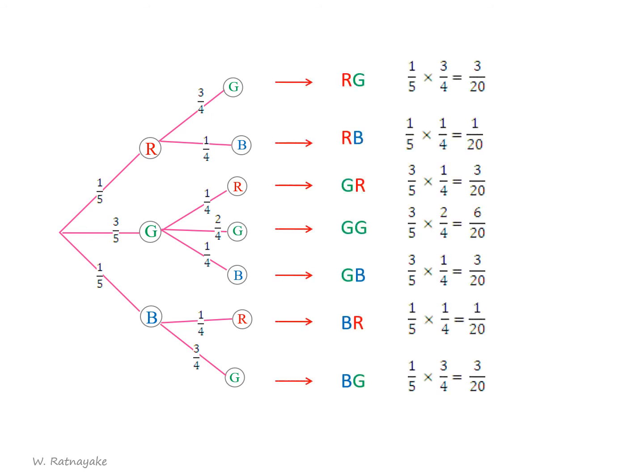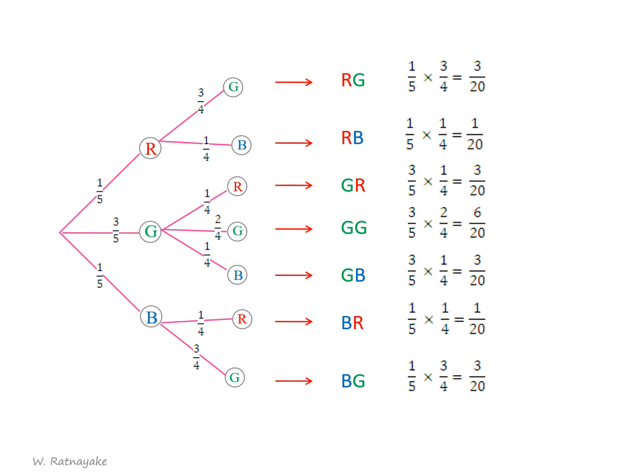Those results we can list out like this with their probabilities. RG, the probability of getting RG, first one red and second one green, is the product of the simple events 1/5 and 3/4, that is 3/20. Likewise, we can list out the probabilities of each compound event like this.